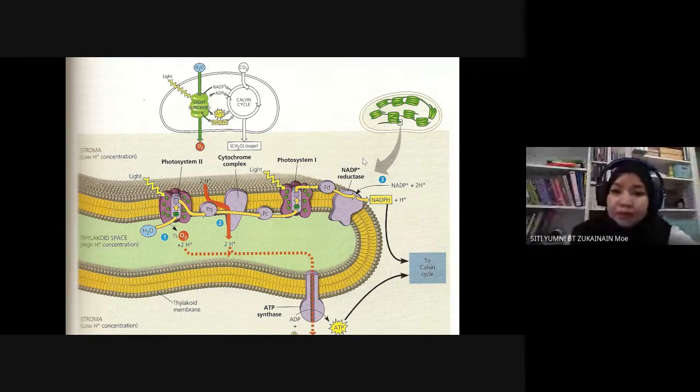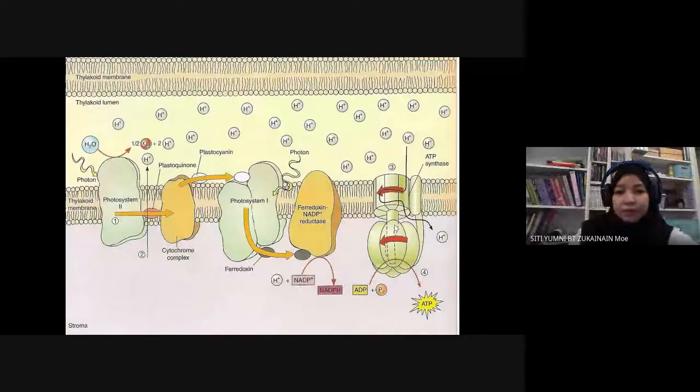So in total, 4 hydrogen ions here through the electron transport chain and 2 hydrogen ions in the stroma in the reduction of NADP plus into NADPH. The same thing goes here.